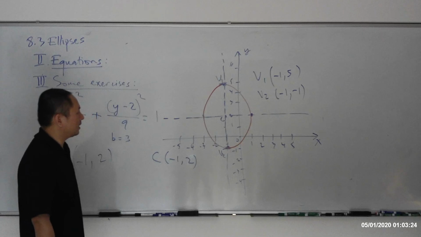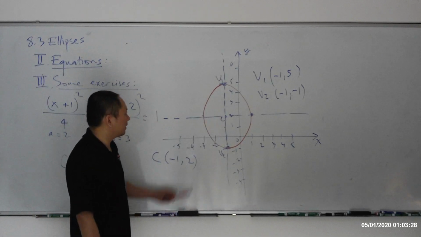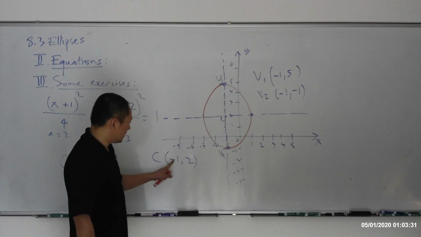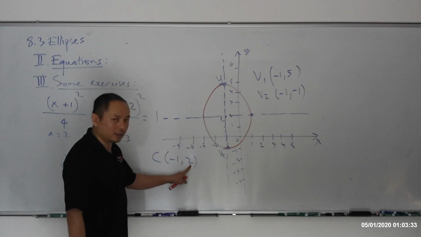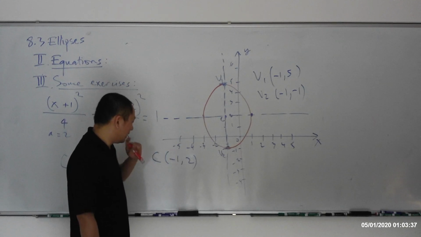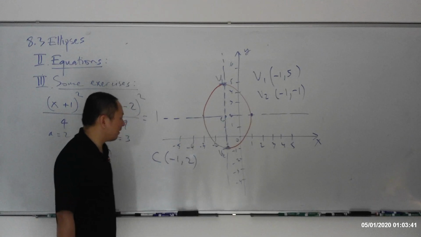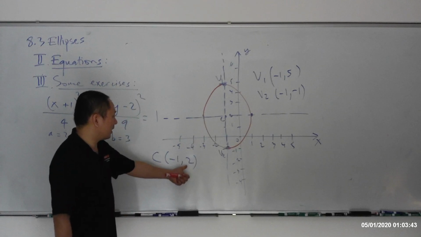And how did I get to the two vertices, V1 and V2? I move up and down. How far? 3 units, right? So this is the x coordinate, this is the y coordinate. I'm not going to change the x coordinate because I keep the same x coordinate value. I'm just going up and down. I didn't move left and right. So how far did they go? Up and down 3.